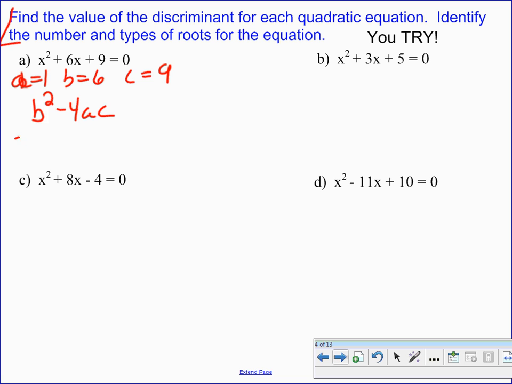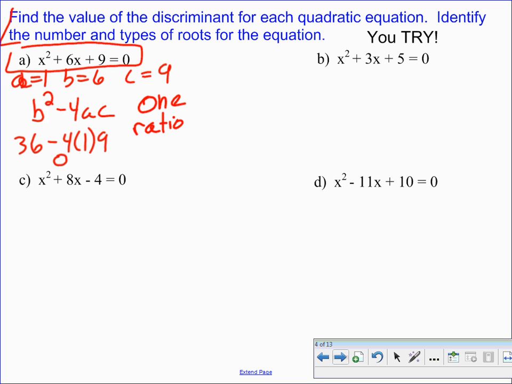In this case, that'll be 36 minus 4 times 1 times 9, or 0. So this equation will only have one rational root, because what would be under the radical in the quadratic formula would be plus or minus the square root of 0.